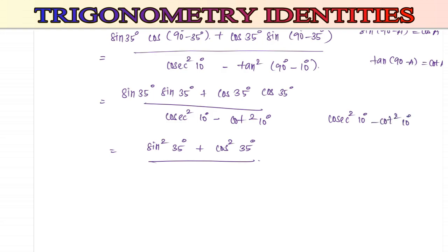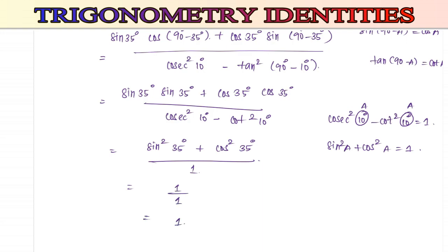The value is 1, because cosecant square a minus cot square a, the value is 1. So here we will get 1, as well as here sin square a plus cos square a, the value will be 1. So we will get 1 divided by 1, the value is 1.